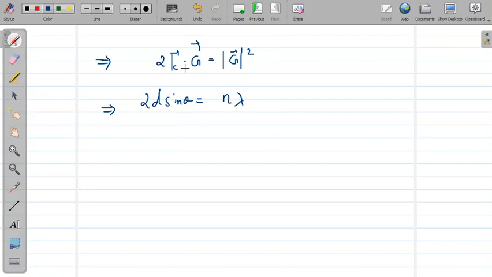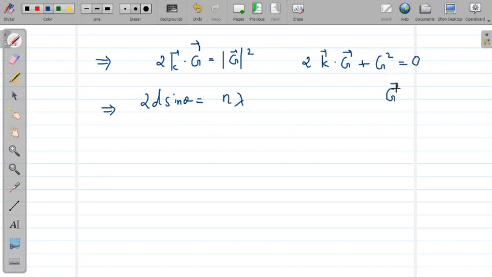Now this equation can also be modified to represent 2 into k bar dot g bar plus g square equal to 0. Because in our case, g bar is the reciprocal lattice vector and so is minus g bar.